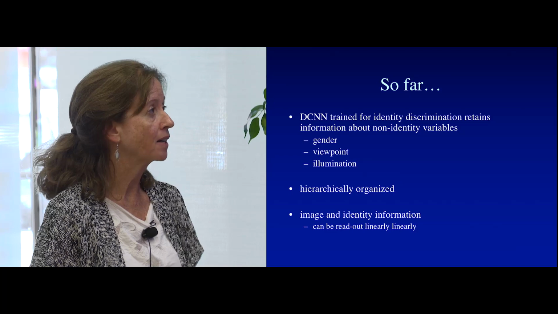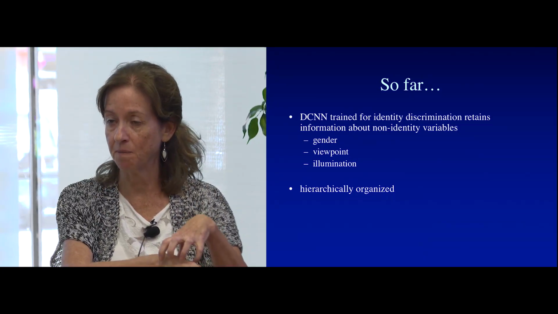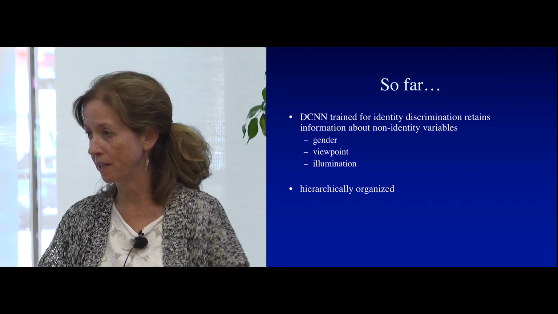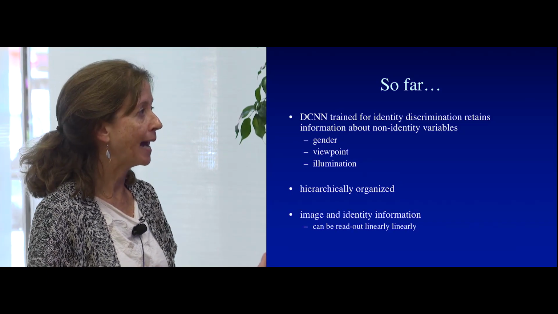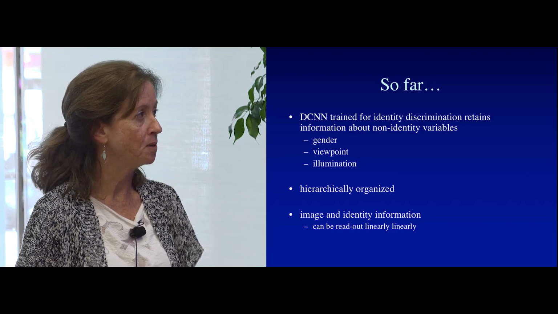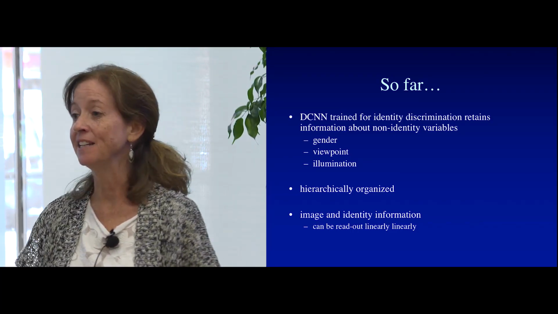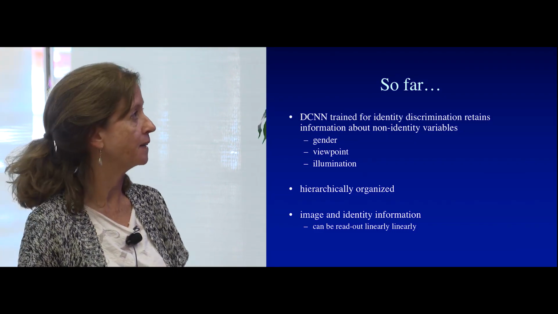And they're hierarchically organized. So you've got an identity, and sitting in an identity, you've got some illumination conditions, and sitting in the illumination conditions, you've got a little array of viewpoints. At the end, the image and the identity information can be read out linearly from the top-level feature representation. So all good.